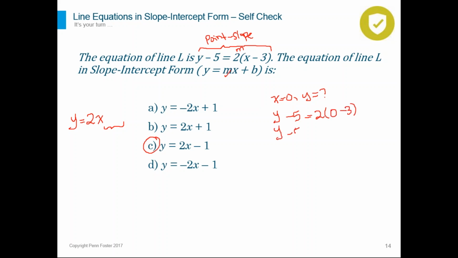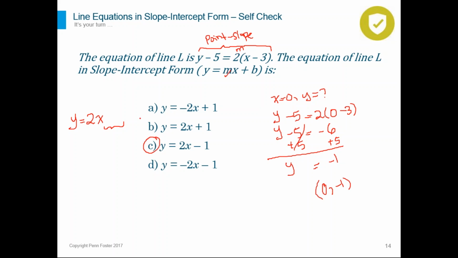Then it's y minus 5, simplify. 0 minus 3 is -3, times 2 is -6. Then solve, add 5 and add 5. Y equals -1. B is -1. The point where the line intersects the y-axis is (0, -1).